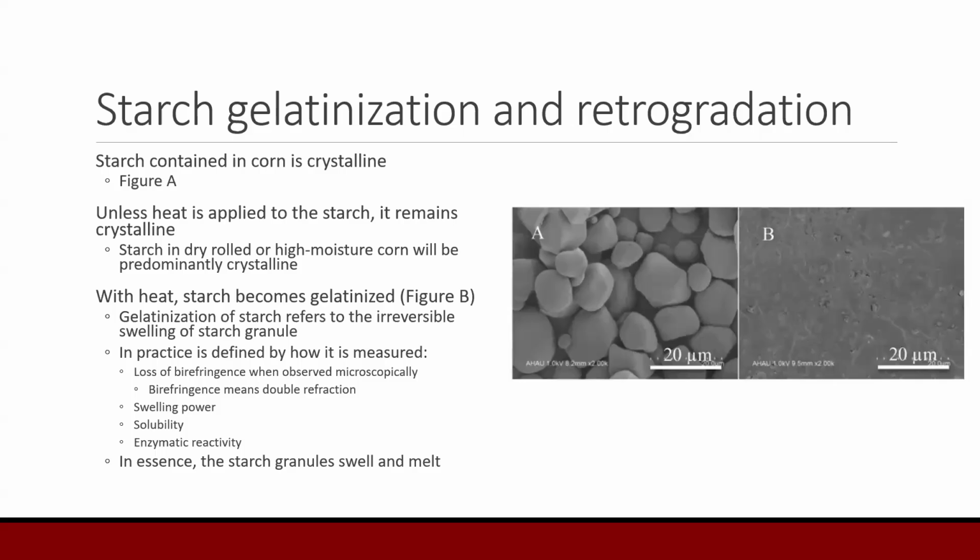Unprocessed corn grain: if we just took corn, ran it through a dry roller, made dry rolled corn, and didn't expose it to a large amount of heat and steam, that starch granule is going to be very crystalline in structure. When we steam flake it, and we add heat, steam, and water, it's going to melt that crystalline structure and basically get rid of the crystalline structure in the amylopectin.